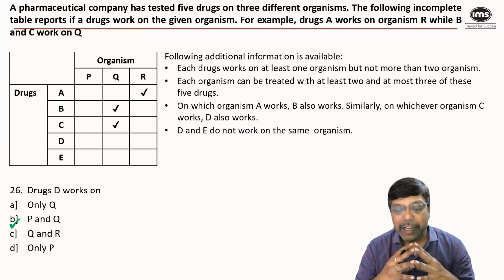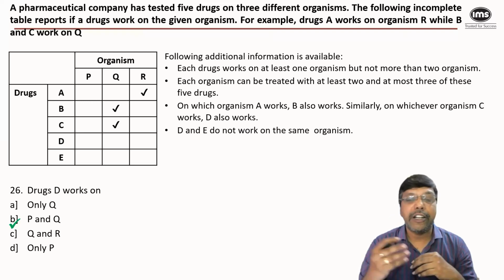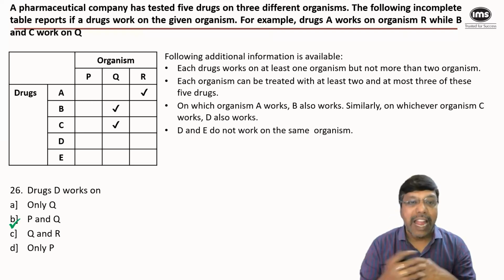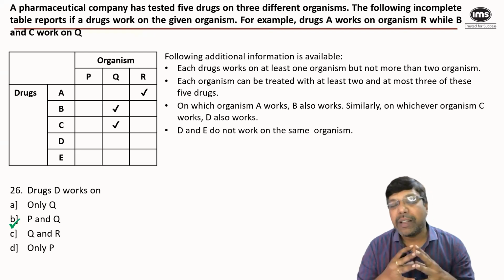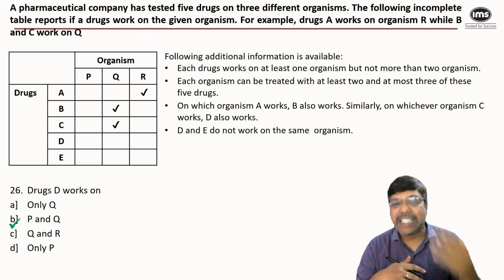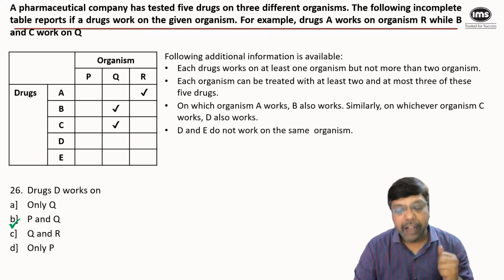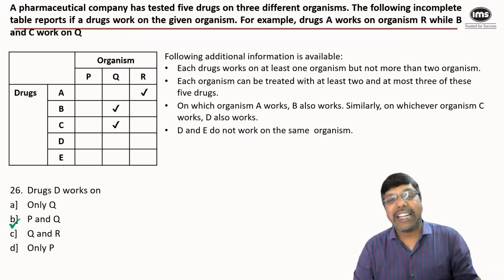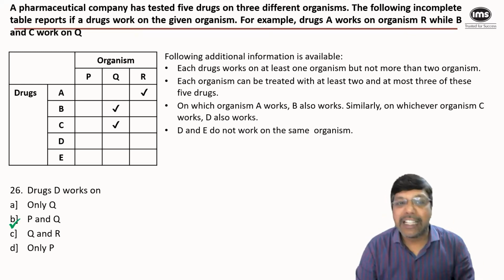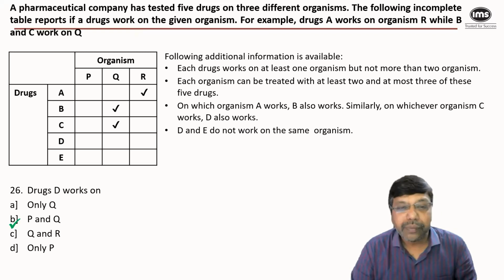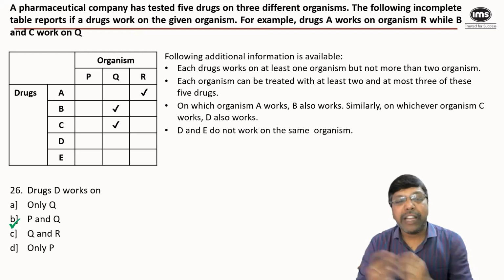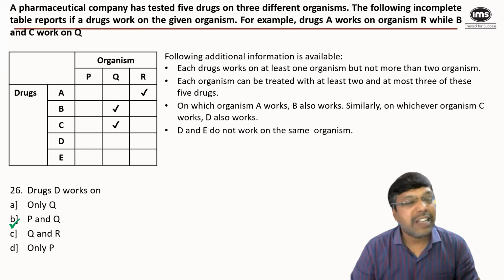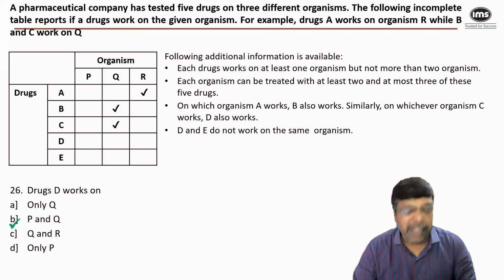Now, the data given talks about certain drugs and certain organisms. There's a pharmaceutical company which is testing the effect of 5 drugs, A, B, C, D, E, on 3 organisms, P, Q, R. And there is some information given to us in the form of statements. Let's understand.